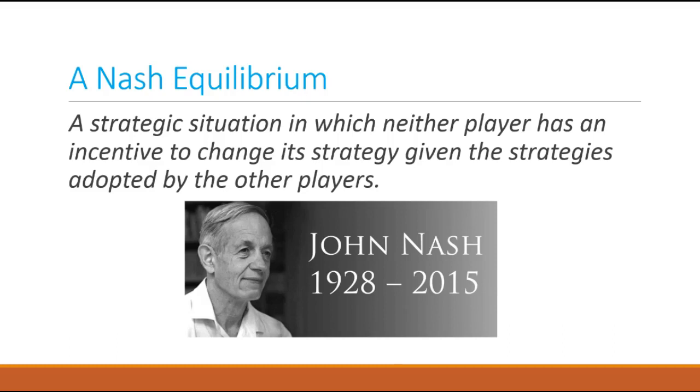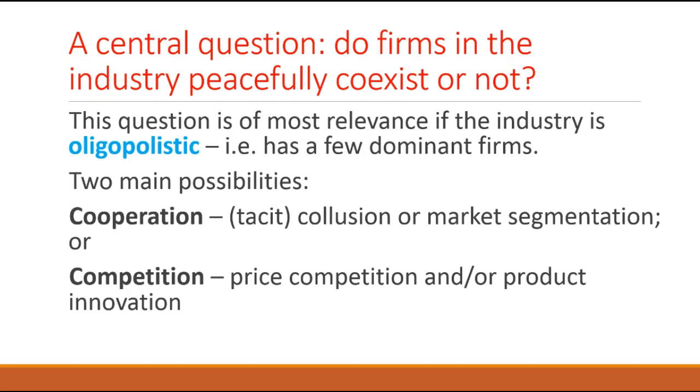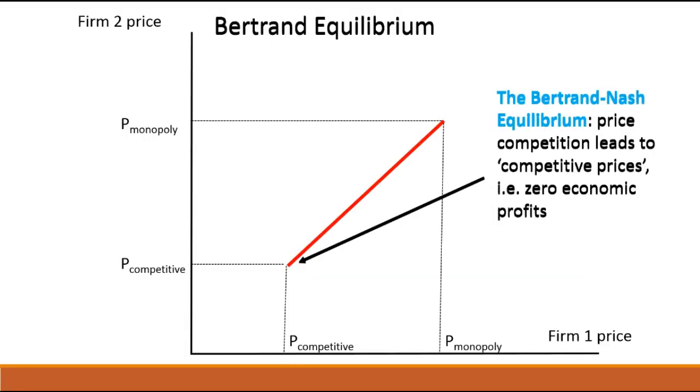So if I just go back to the previous case, if we're both at a price like this, each firm has an incentive to cut its price a little bit, take the whole market away from the other firm, and then the other firm is going to match that price and there'll be an incentive to cut the price further, and we'll end up down here.